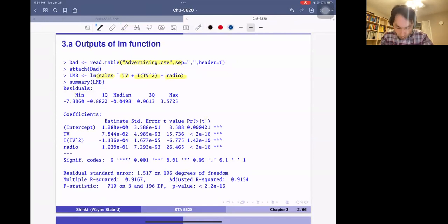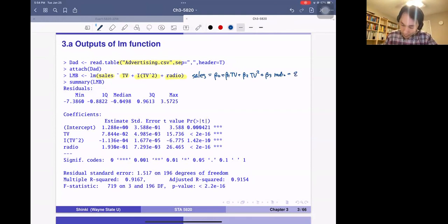So that means our model is sales is equal to beta naught plus beta 1 times TV plus beta 2 times TV square plus beta 3 times radio plus epsilon. So we fit this model.